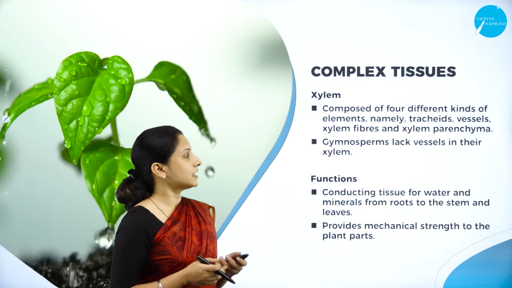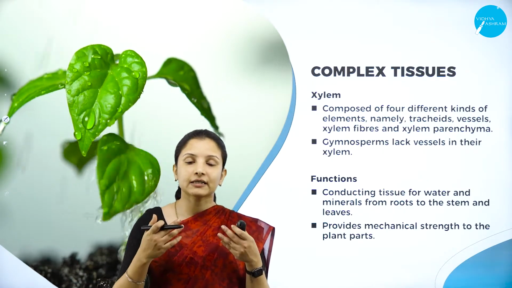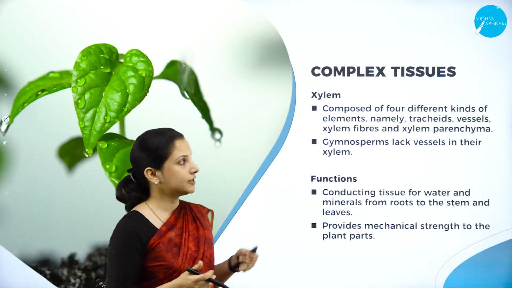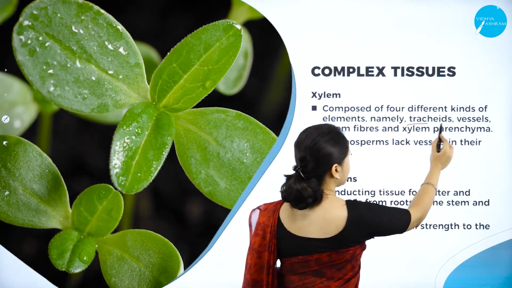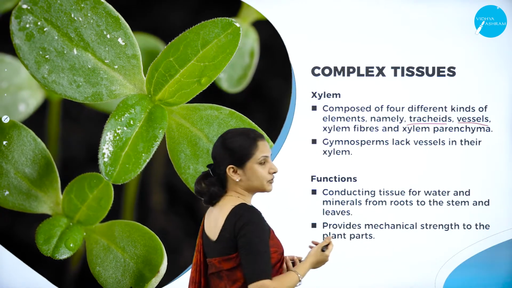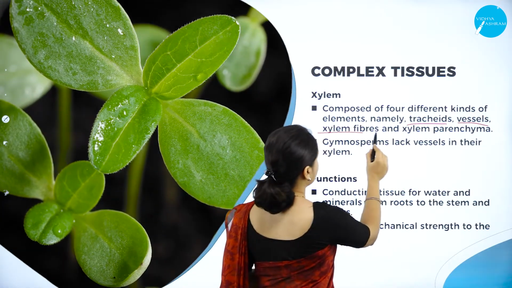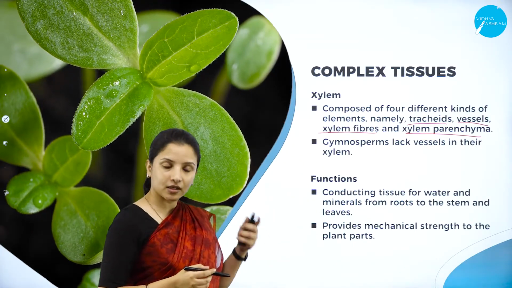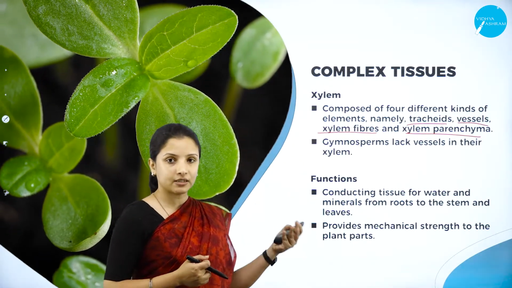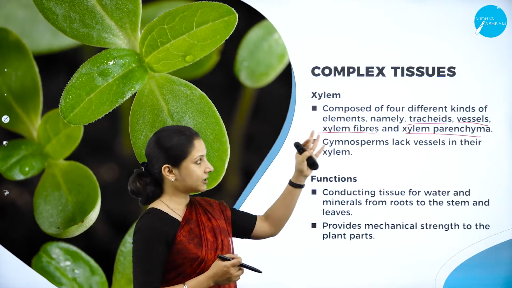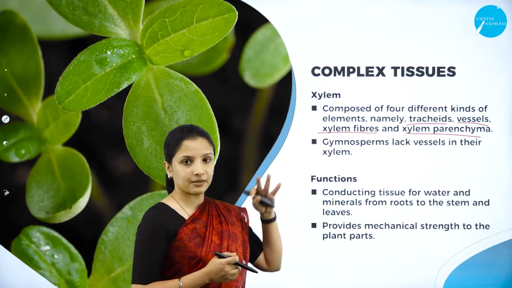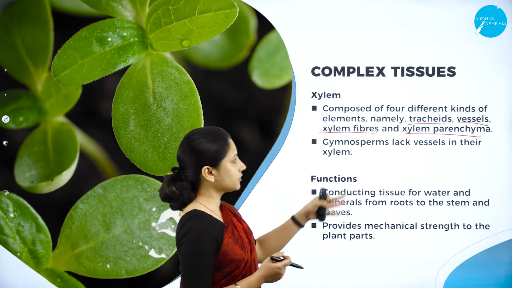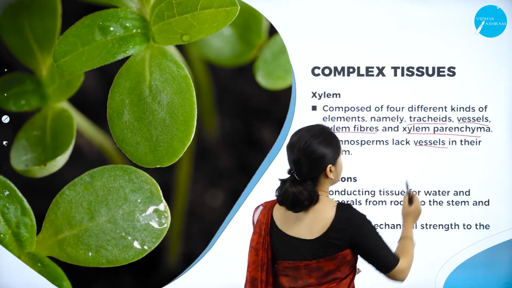Xylem is again composed of 4 different elements, or made up of 4 different components, which are called the xylem tracheids, the xylem vessels, the xylem fibers, and the xylem parenchyma. All the other plant species have tracheids, vessels, xylem fibers, and xylem parenchyma in the xylem, but the gymnosperms lack the vessels in their xylem.